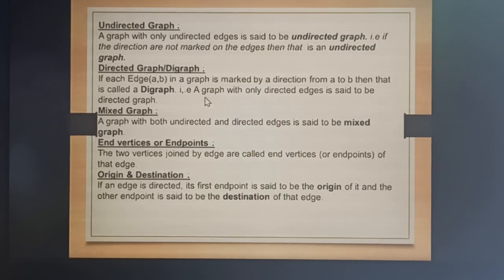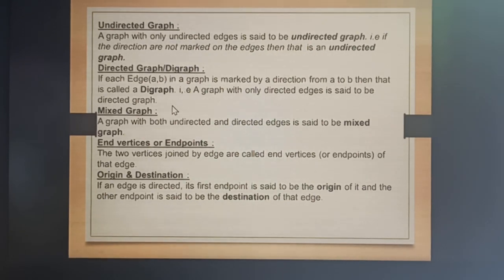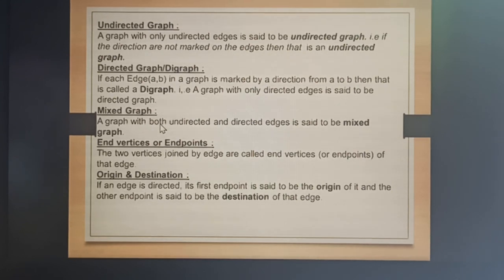That means a graph with only directed edges is said to be a directed graph. Then what is a mixed graph? A graph with both directed and undirected edges is called a mixed graph. Suppose a graph contains some edges that are directed and some edges that are undirected, that is called a mixed graph. The end vertices or endpoints, I have already told, in one edge. An edge contains two vertices.